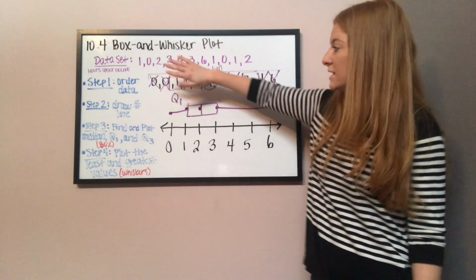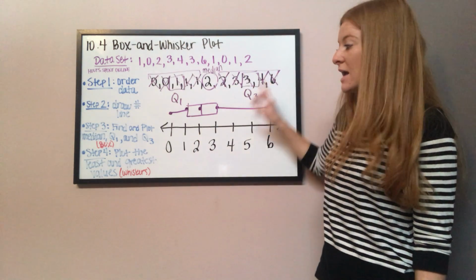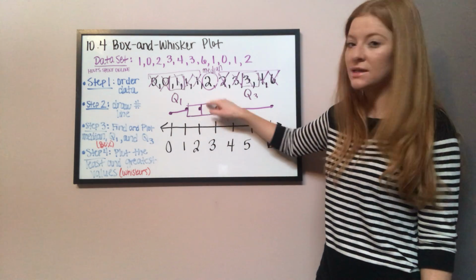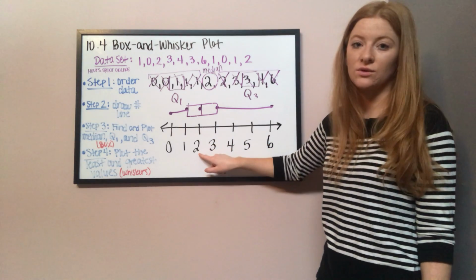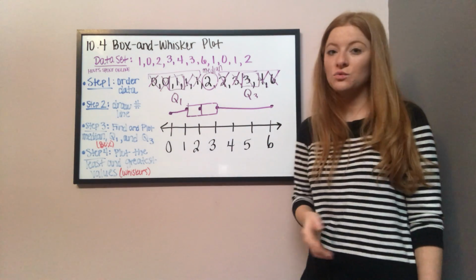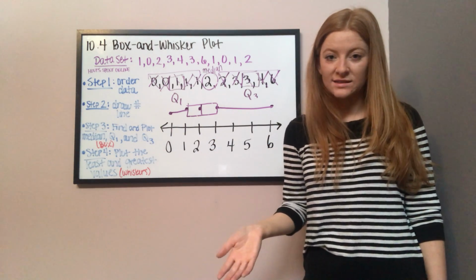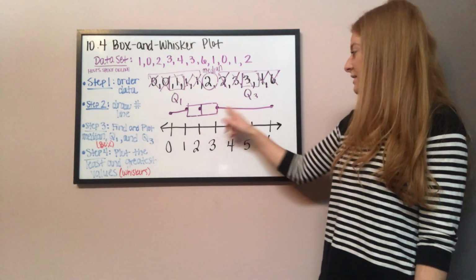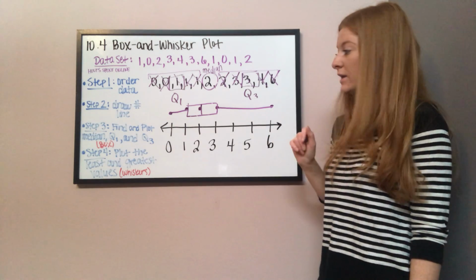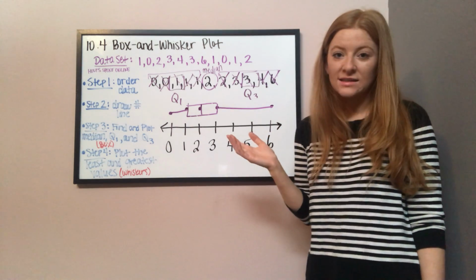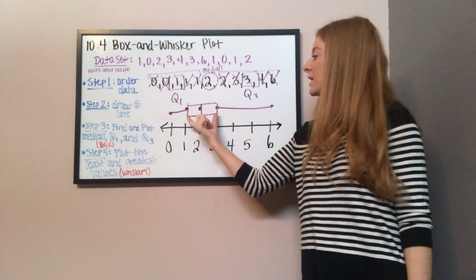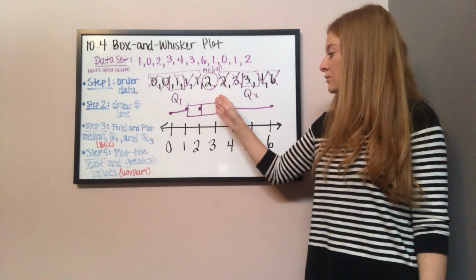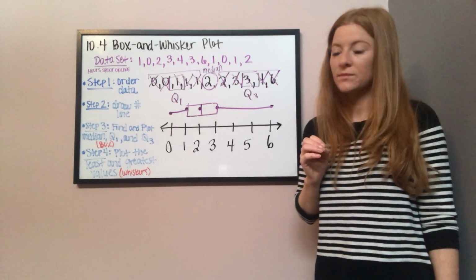So in this case, if I didn't see the data set and you were just given this, I would know this represents my median, which would fall at 2. If they asked you what is the greatest value in your data set and you were only given the box and whisker, you would know that's at the end of your whisker. Same thing if they asked for Q1 and Q3, that is going to be on either side of the box. So you would be able to read and give those pieces of data.